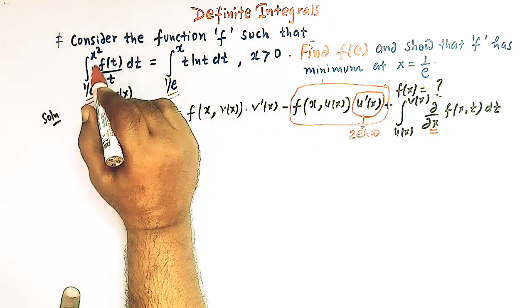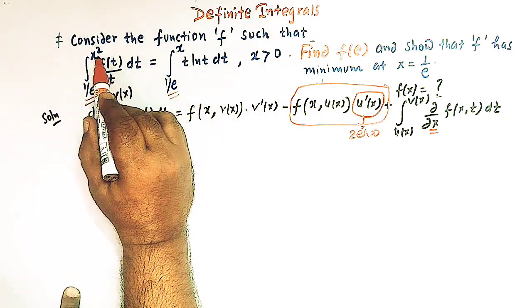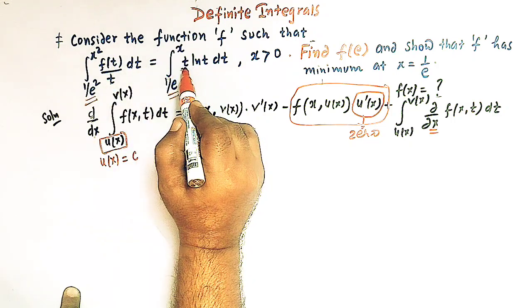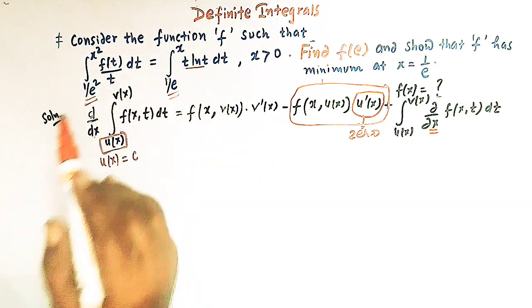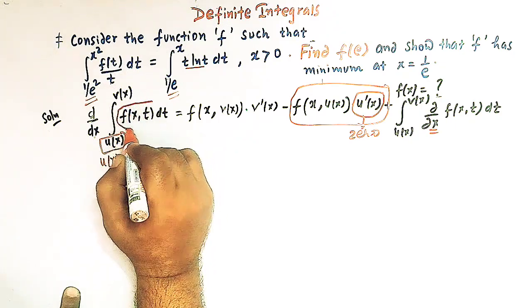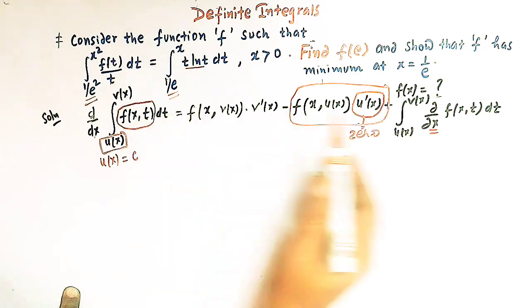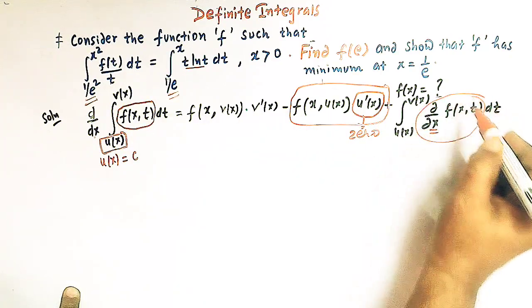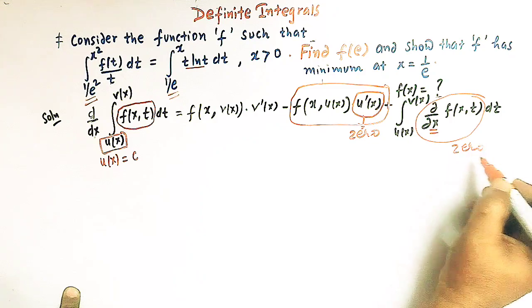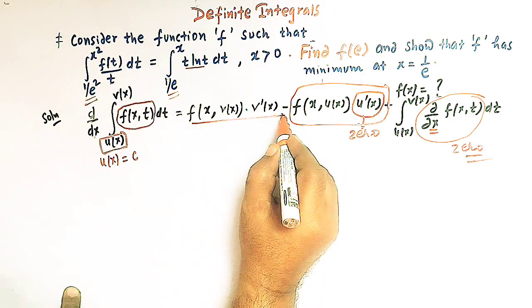And here we can see that we have f of t over t, which is a function of t only, and here also we have a function of t only, right? So whenever this function is a function of t only, then the partial derivative must be equal to 0. So in that case, this term is also going to be 0, right? So we are left with only this term, right?